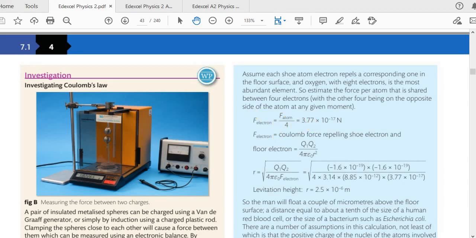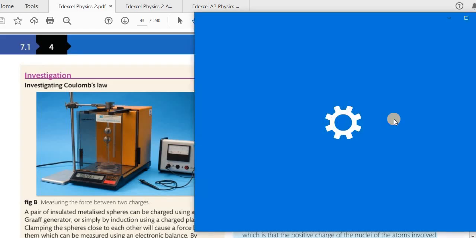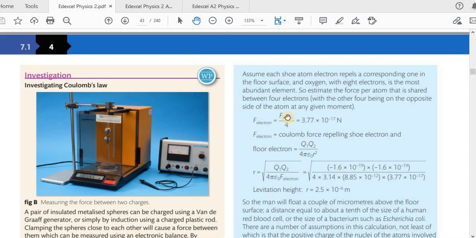Okay, so now if you remember what you learned in chemistry, the electrons in oxygen are in 2 shells, because oxygen has atomic number 8: hydrogen, helium, lithium, beryllium, boron, carbon, nitrogen, oxygen. Sorry, 8. So 2 electrons in the first shell, 6 in the second shell, right?